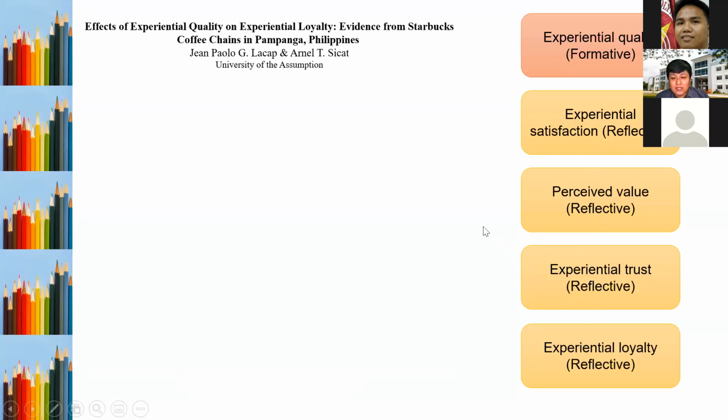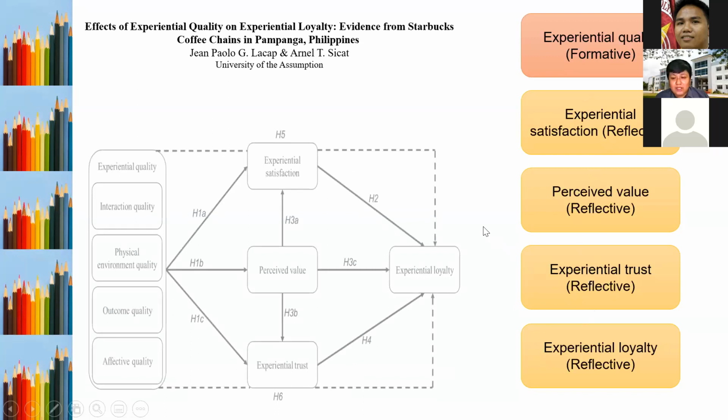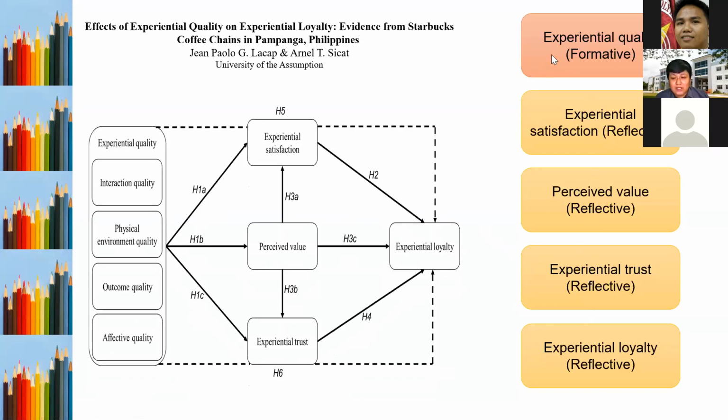That's how we treated our constructs. Why is it important for us to know? Because as I mentioned a while ago, the way we measure formative is different from the way we measure reflective. So from the onset, we need to properly identify our constructs.